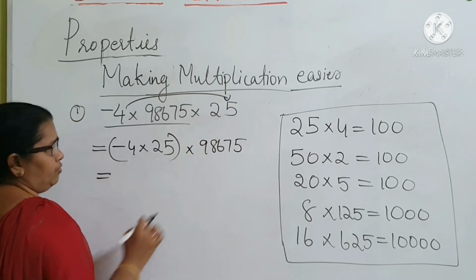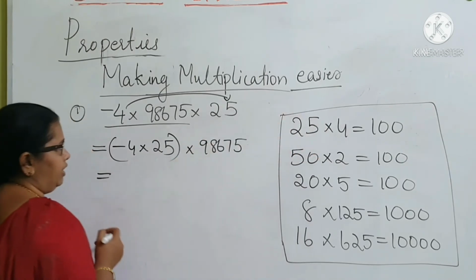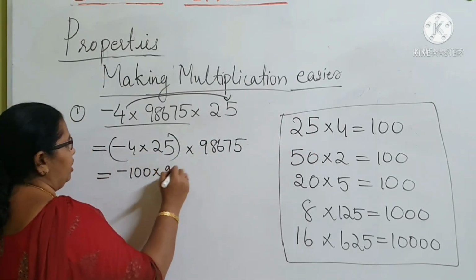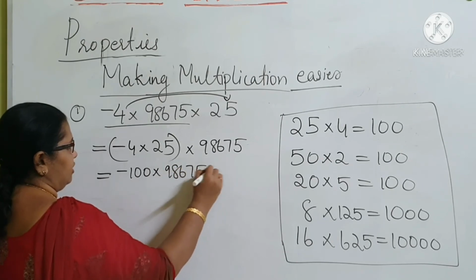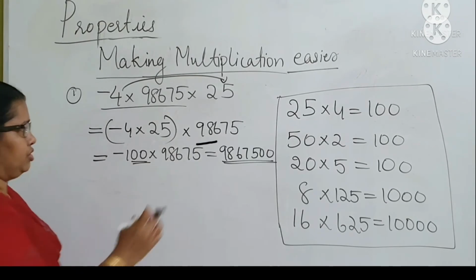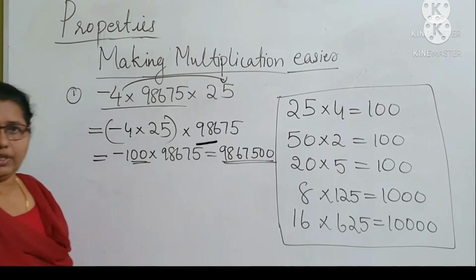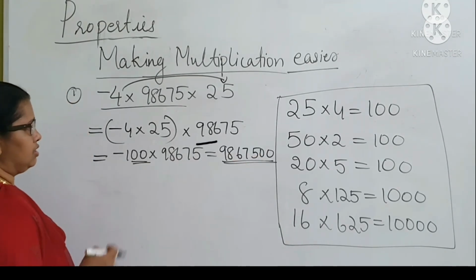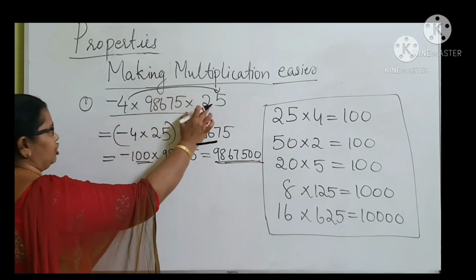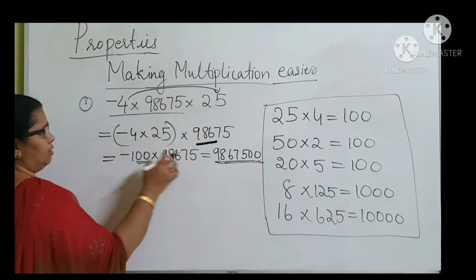Then we know 25 into 4 is 100. So negative 4 into 25 is negative 100 into 98,675. Then multiplication with the 0 is very easy. Put zeros on the right side of the given number. So 98,675 and 2 zeros. This is the answer.